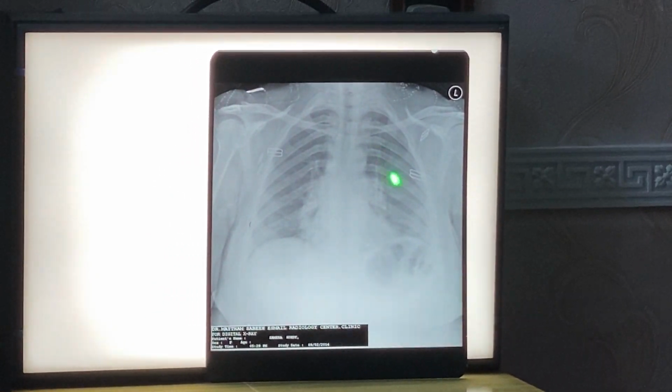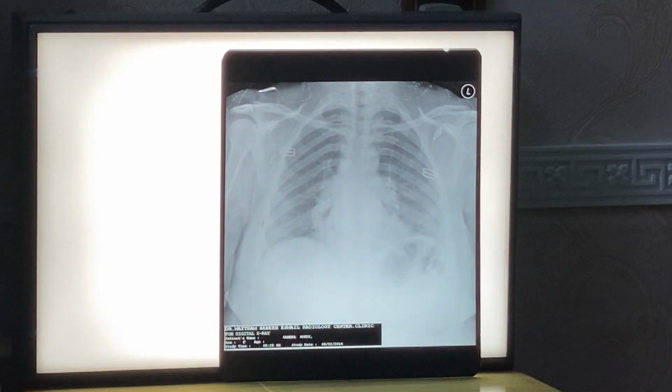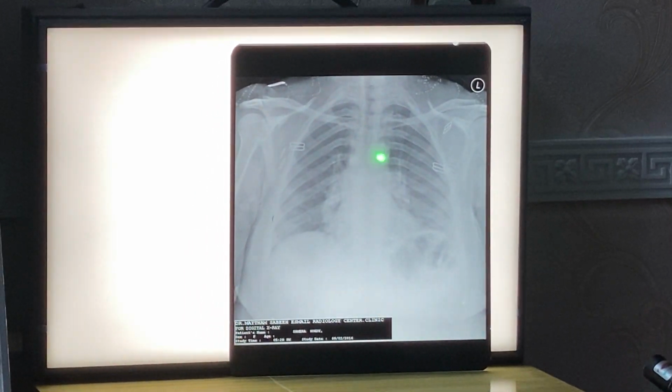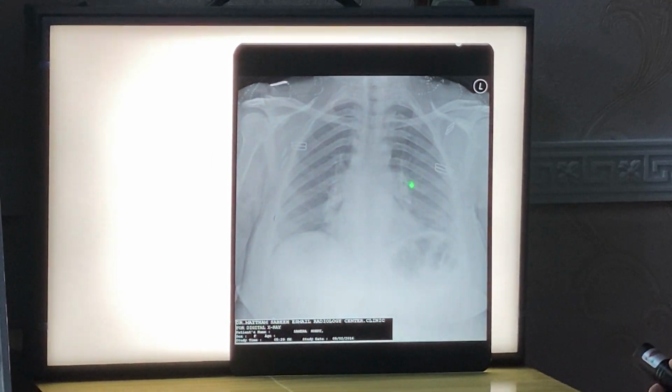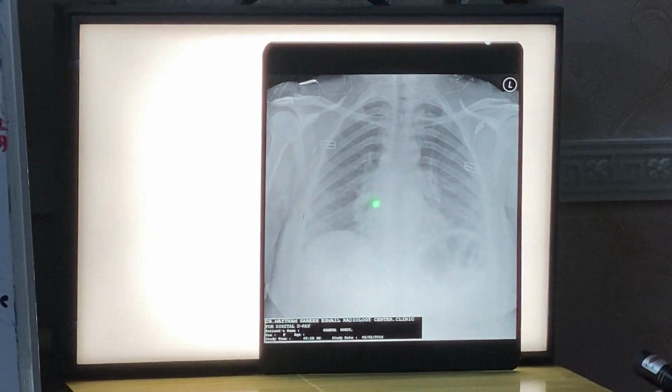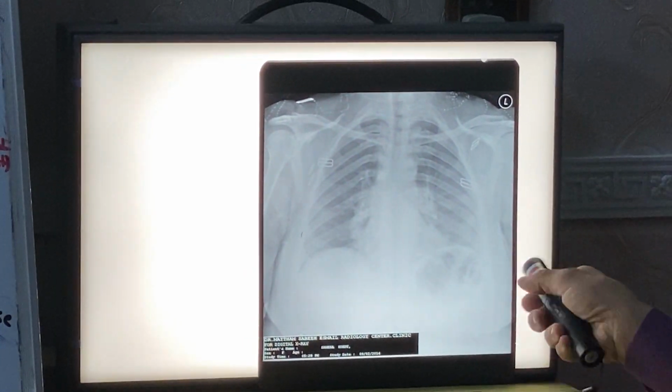Okay, chest X-ray, PA view, dated, labeled, named. Look to the hilar region. There is an opacity or nodule in the hilar region.